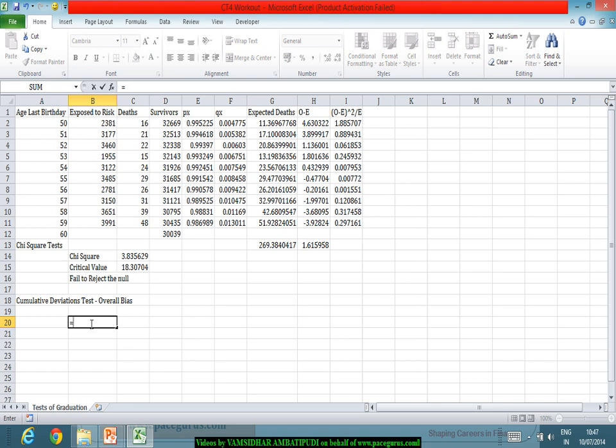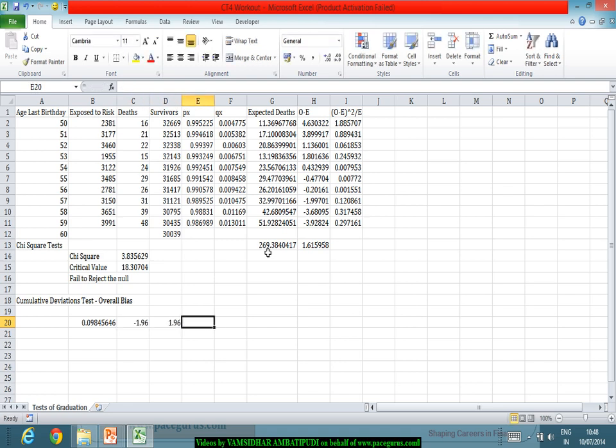So the cumulative deviations test, which is doing the overall bias, is: I do the summation of all the deviations, and I divide it by the square root of the expected number of deaths. This is giving me a number 0.09, and again this number is lying between minus 1.96 and plus 1.96.